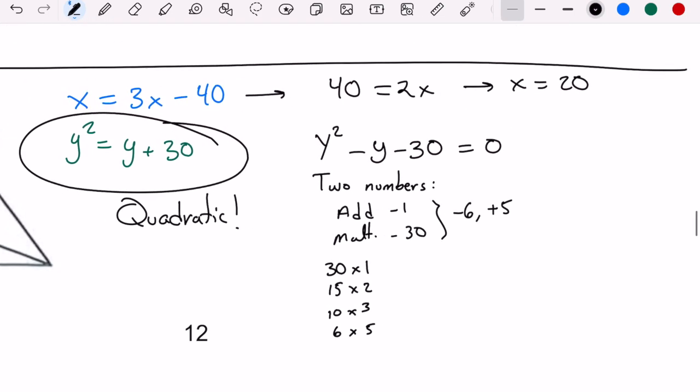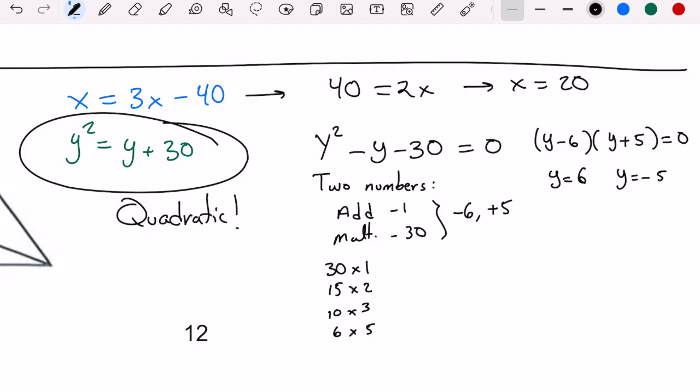If I do -6 and +5, those numbers work. So this is the same as y minus 6 times y plus 5. So my two solutions are y equals 6 and y equals -5.